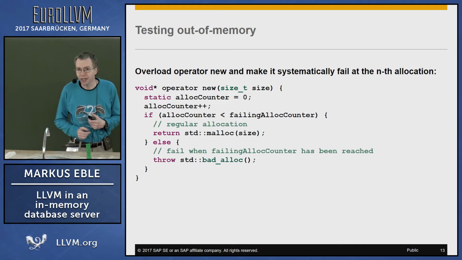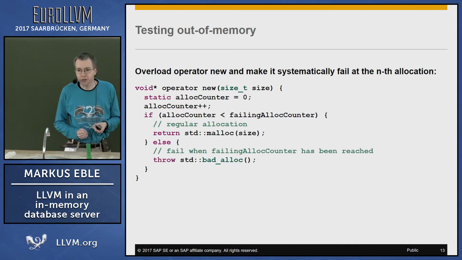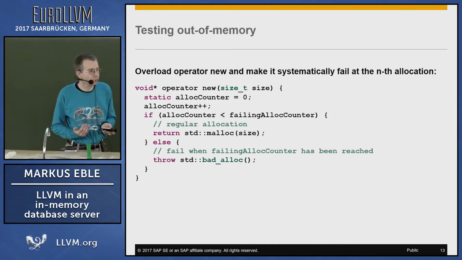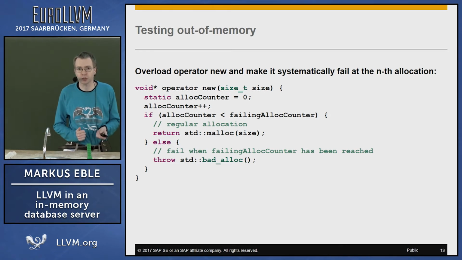Is it possible to test software systematically for out-of-memory situations? And yes, it is. It's not that difficult, since C++ allows overloading of operator new, either globally or class-specific. So the main idea is just to overload operator new and have some kind of counter which says, okay, I will fail at the nth memory allocation, and this value of n I can iterate.